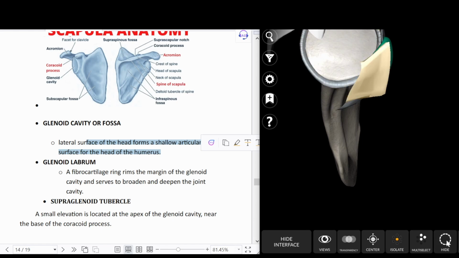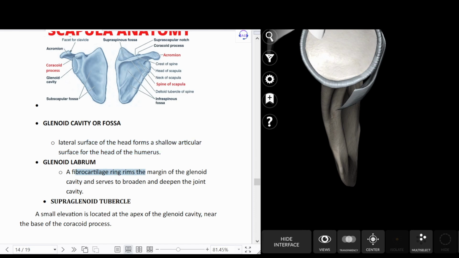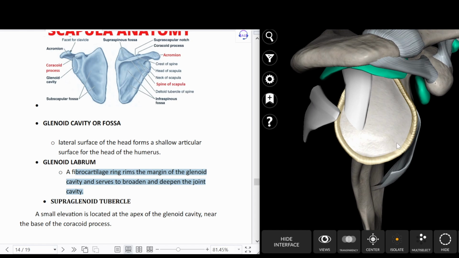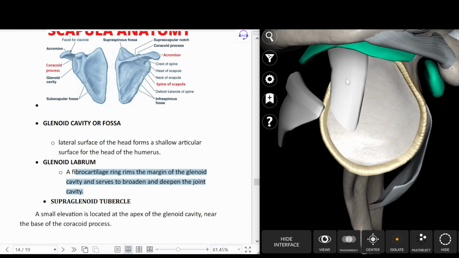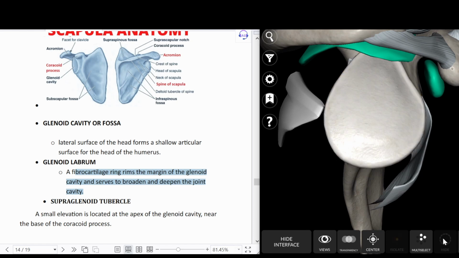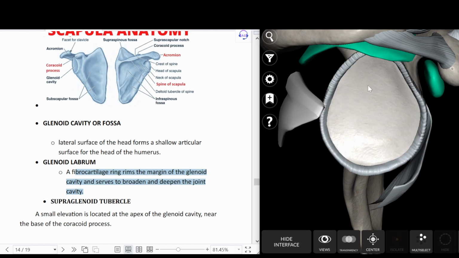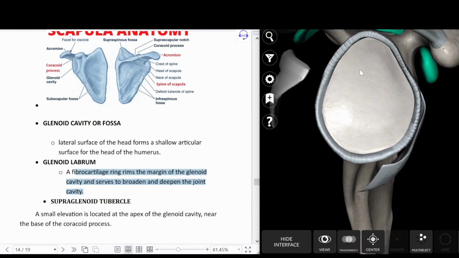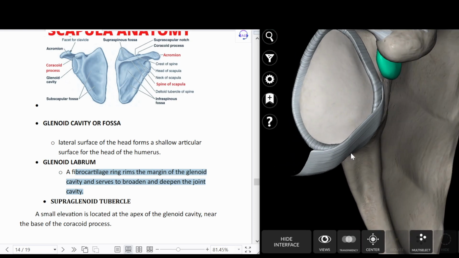The glenoid labrum is a fibrocartilage ring that rims the margin of the glenoid cavity and serves to broaden and deepen the joint cavity, so it stabilizes your glenohumeral joint. So if this glenoid labrum is not present, the cavity is not as deep as it is with the presence of this glenoid labrum.